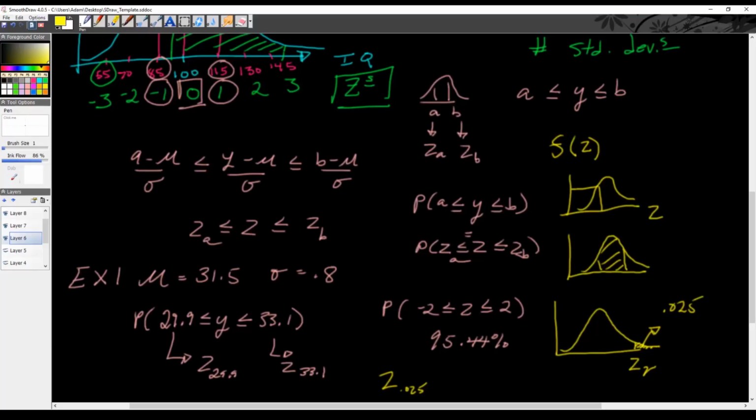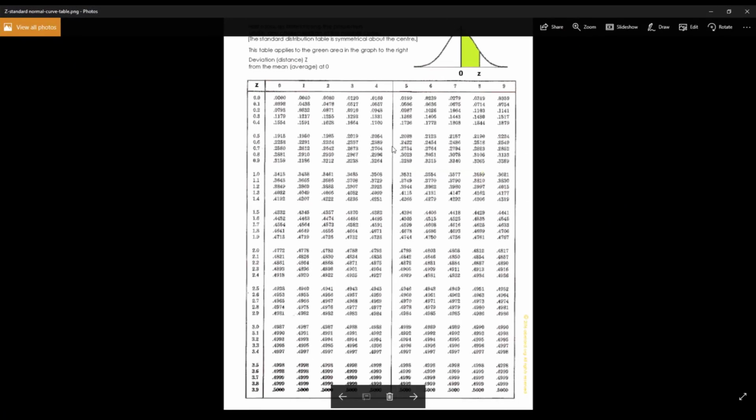So let me open up my z table. Okay, so here's the z table, and remember, this gives us the z value associated with the cumulative probability between 0 and that value. So if we want 0.025 in the tail, that gives us a cumulative probability of 0.5 minus 0.025.